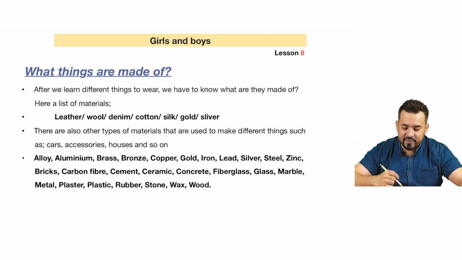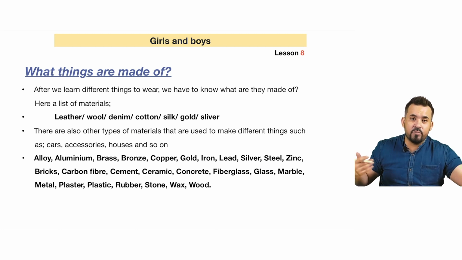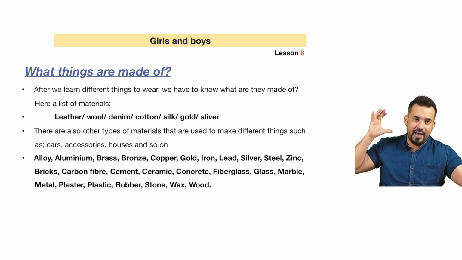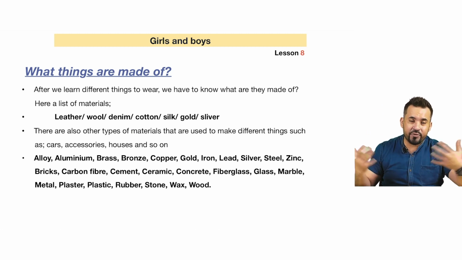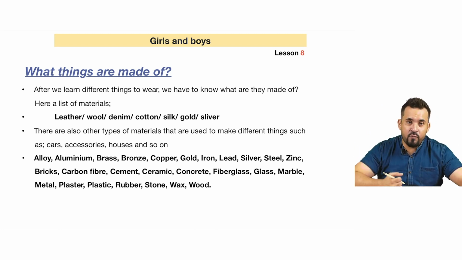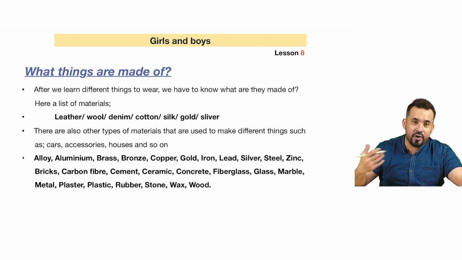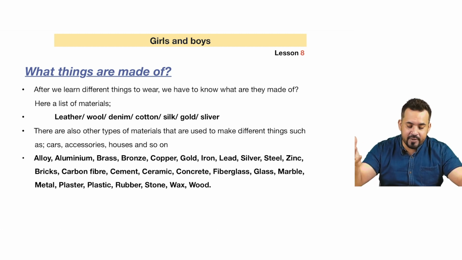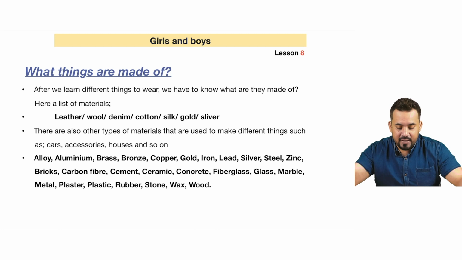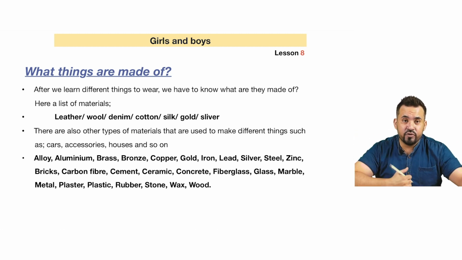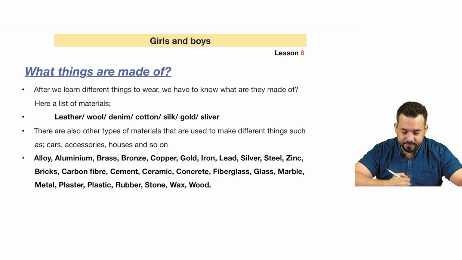And wool, it comes from sheep, and it's used for winter clothing. You also have wool made artificially. Denim is what your jeans are made out of. Cotton is a light fabric for summer. Silk is fancy. And what else do we have? Gold and silver, they're made for jewelry and watches.